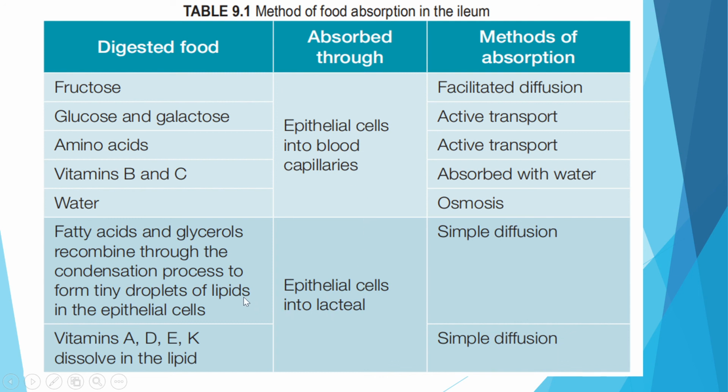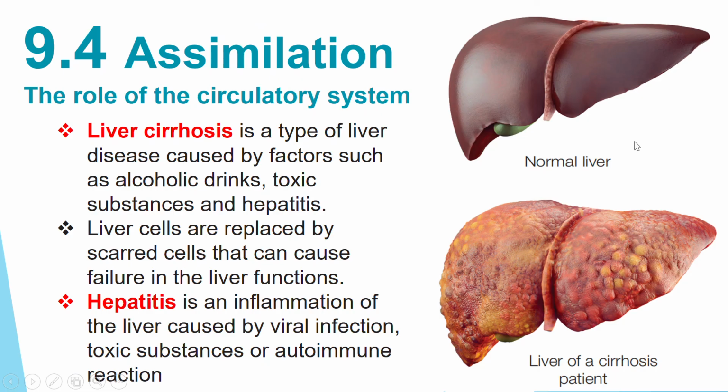This one goes through the lacteal, which is in the lymphatic system, but eventually they will also drain back into the blood circulatory system. All these will be absorbed through simple diffusion, down the concentration gradient. All right, we stop here.